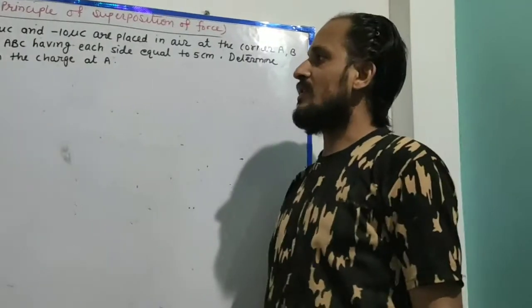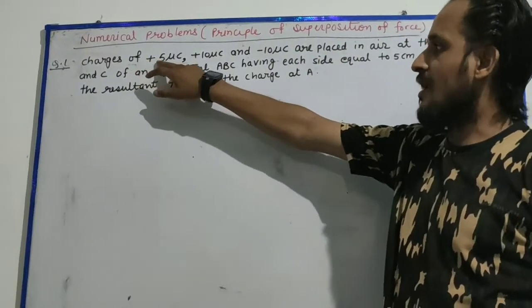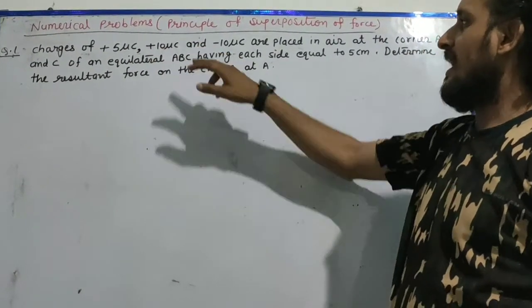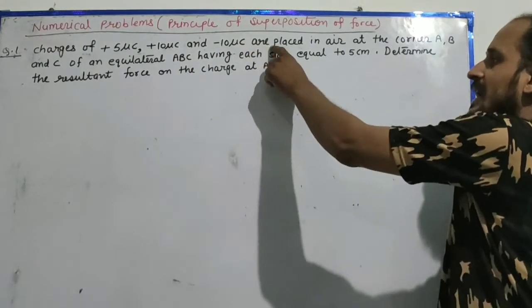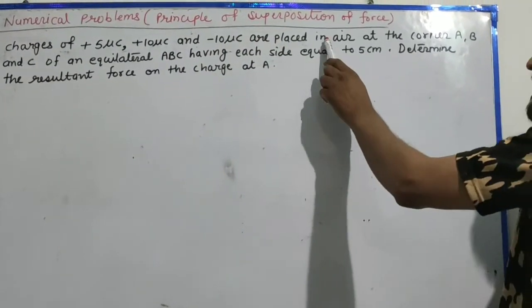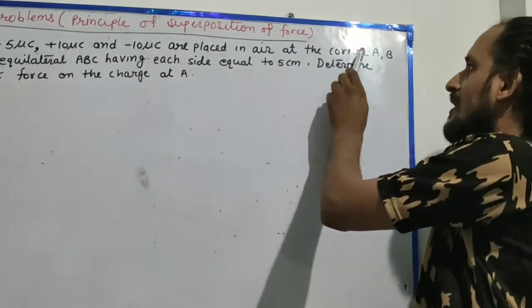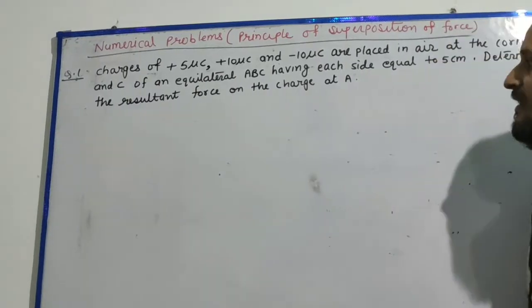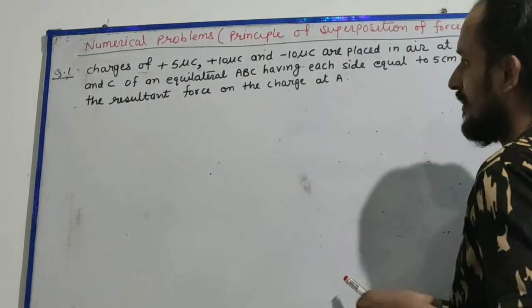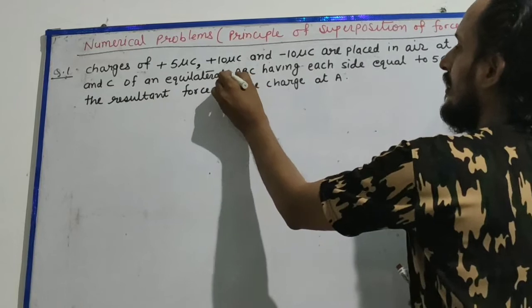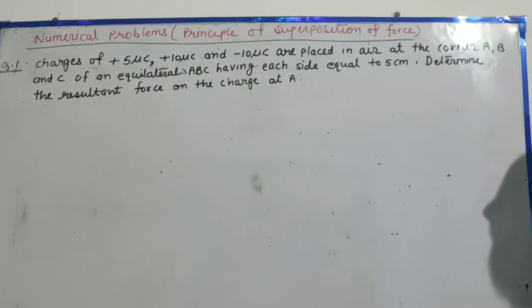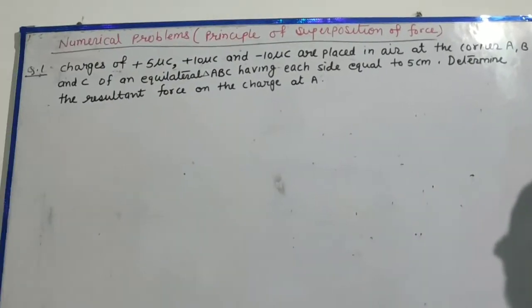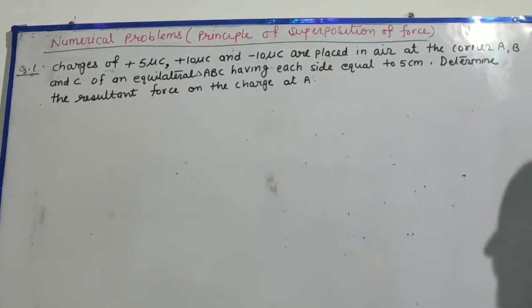The first question is: charges of plus 5 microcoulomb, plus 10 microcoulomb and minus 10 microcoulomb are placed in air at the corners A, B and C of an equilateral triangle ABC, having each side equal to 5 centimeter. Determine the resultant force on the charge at A.